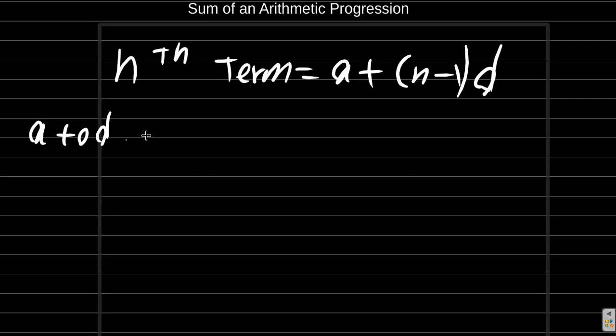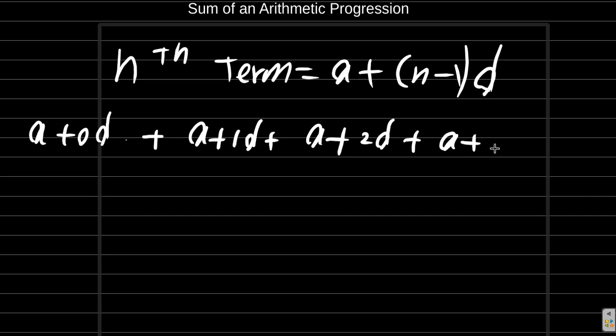Then if we add the second term, it would be a plus (2 minus 1)d, which is 1d, plus the third term, a plus (3 minus 1)d, which is 2d, plus a plus (4 minus 1)d, which is 3d, plus, and so on and so forth.